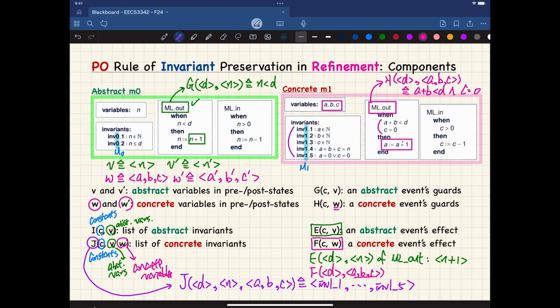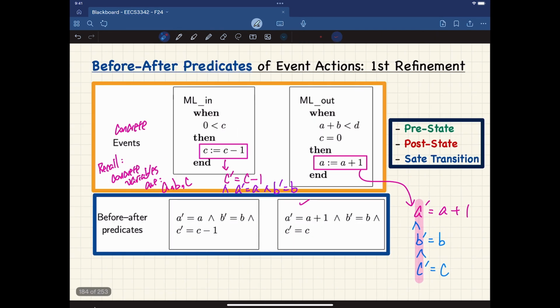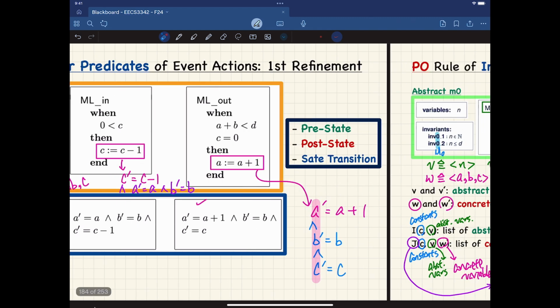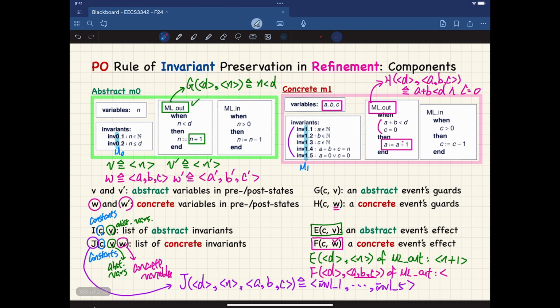A, B, and C here, corresponding to the W here of the ML out. All right, that one there, we're going to follow the order. Remember the before after predicate. For ML out here, A prime is going to be A plus 1, so that'll be the first one. B prime is going to be B, second one. C prime is going to be C. So A plus 1, B, and C will be the effects for these three variables. Okay, let me write it down, and then we're done for this page.